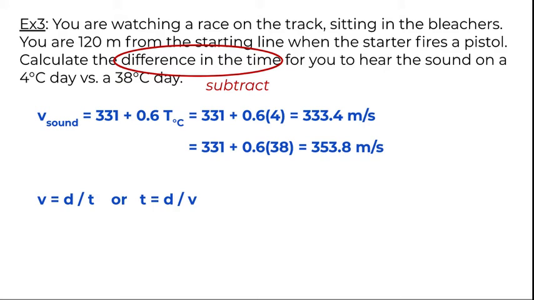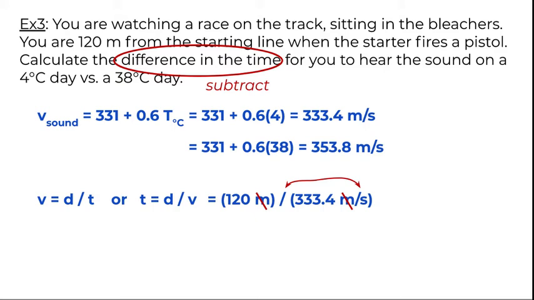It's dealing with distances and times. Rearranging, time would be distance divided by the speed. So for this lower speed, the colder temperature, we would divide 120 by 333.4. The units do cancel out, and we do get seconds because we have 1 over seconds in the denominator.